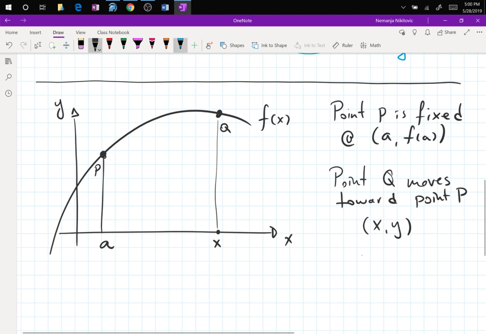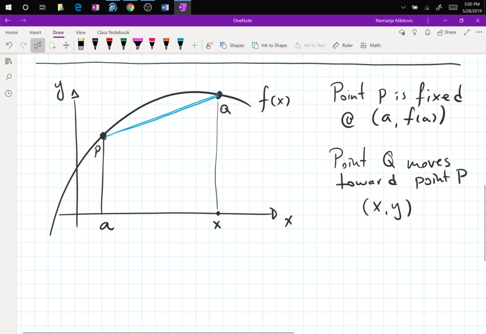So now, if I connect these two with a straight line segment, I can calculate the slope of this line. So slope, and we call this slope of a secant line. In Greek, secant means to cut.